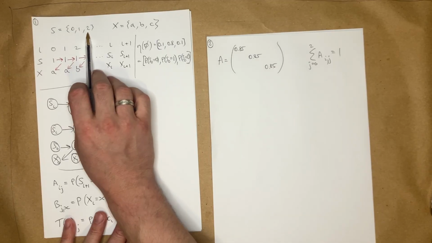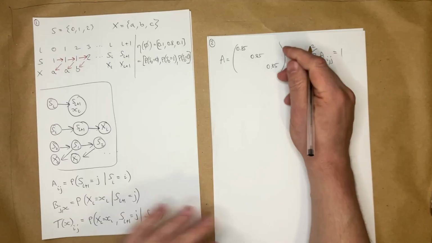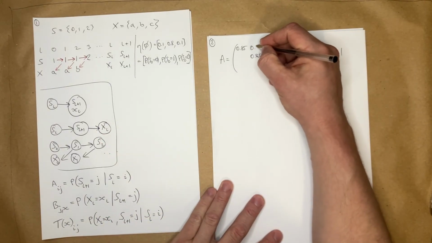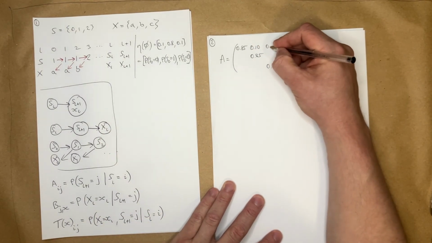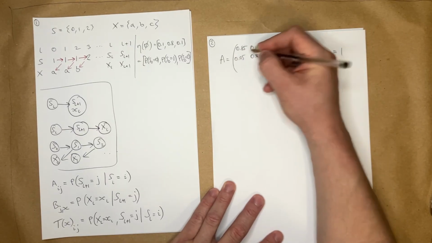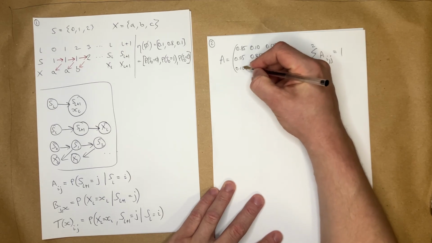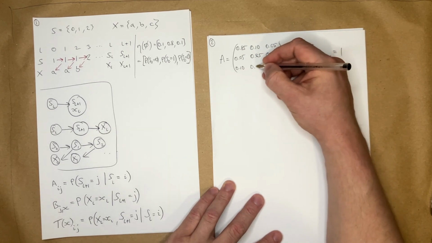So it's row stochastic, and we'll sum over j and normalize over j. So let's say values 0.05, 0.05, 0.85, 0.10.